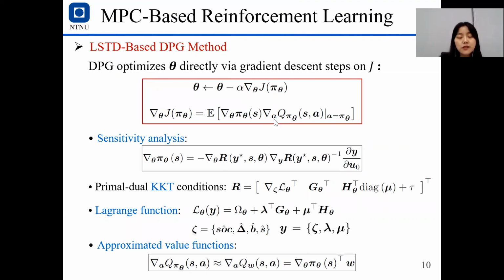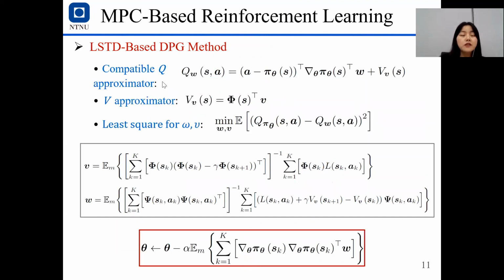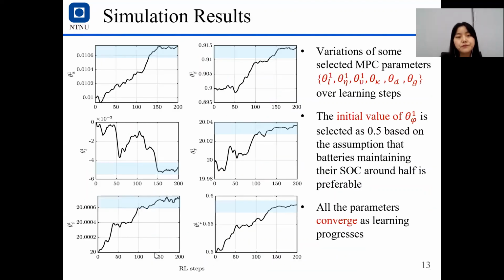And the second part is calculated by this equation, where this Q omega is a compatible Q approximator, and V here is a V approximator, where W and V are calculated by using the least squares method. And finally, we can get this update for theta.